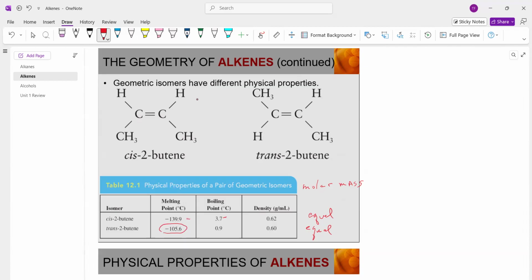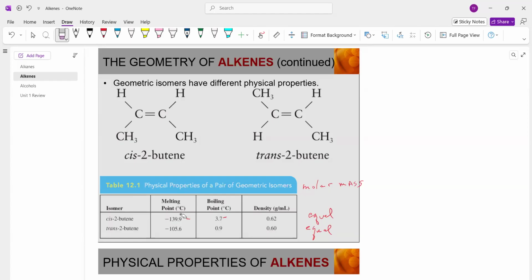Is that right? Which is lower, cis or trans? Well, those negative ones are kind of weird. Let's look at the boiling points. Which is lower, cis or trans? Trans.